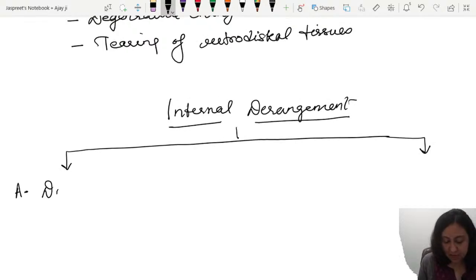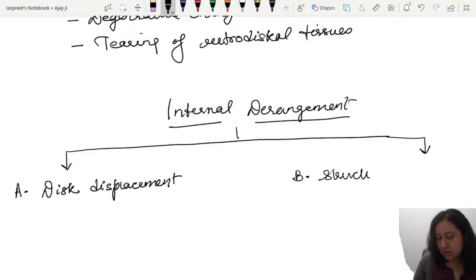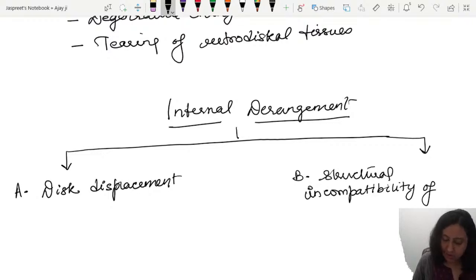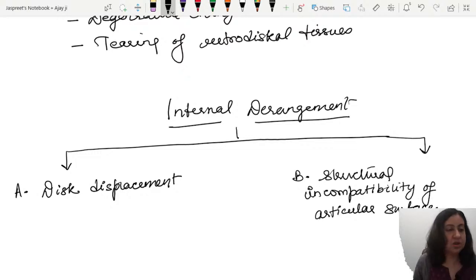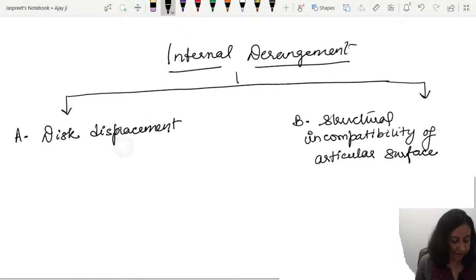Type A is disc displacement and type B is structural incompatibility of articular surface.